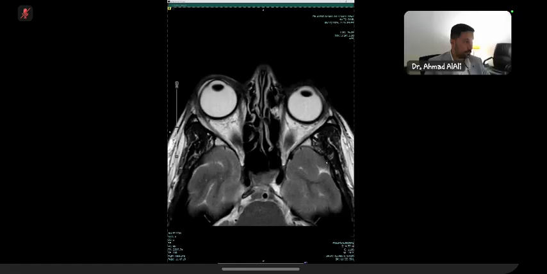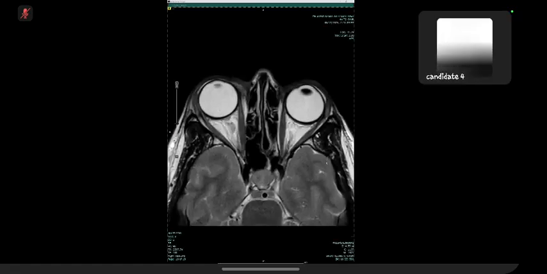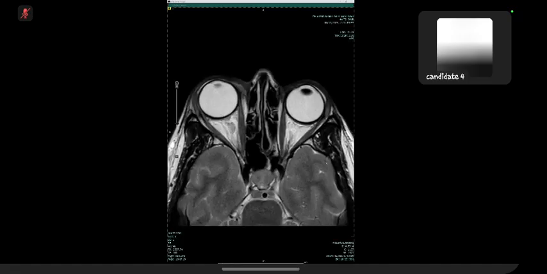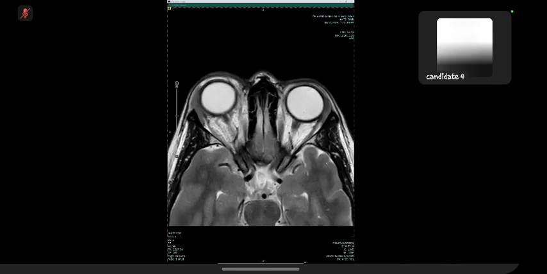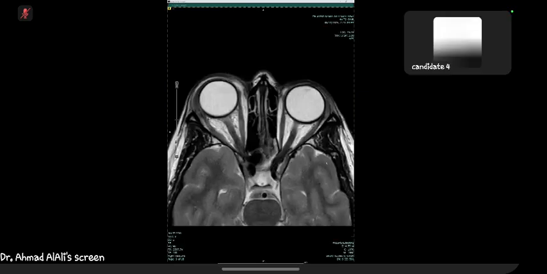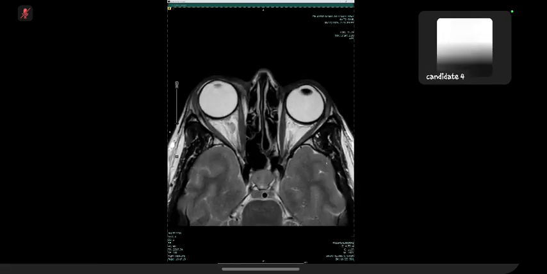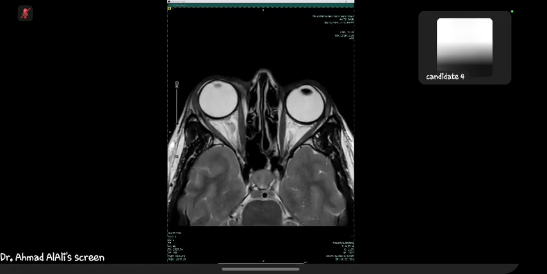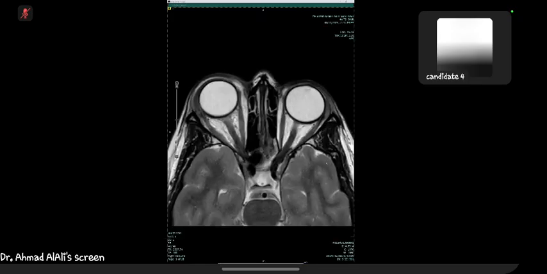The fluid signal within both the cavernous sinuses is preserved, and also both the intracavernous ICAs show preserved signal void. Now I'm looking at the orbits. I can see that there is slight proptosis on the right side as compared to the left side. The globe, however, maintains its intact profile. The lens is normal in position.